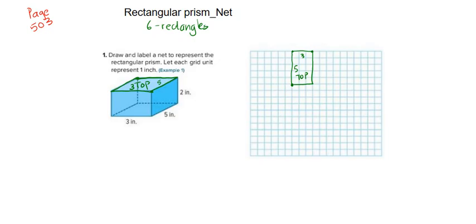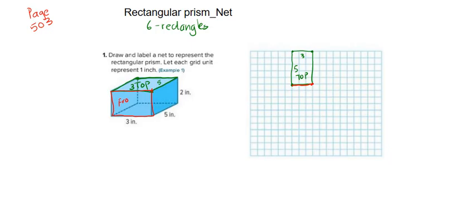Then next to it, below that, connected to the top rectangle, so it's going to start from here, you can see is the front rectangle. We call this the front because it's right in front.